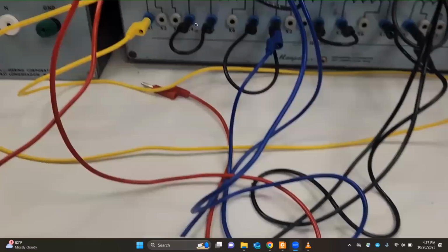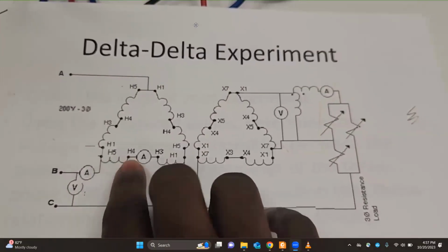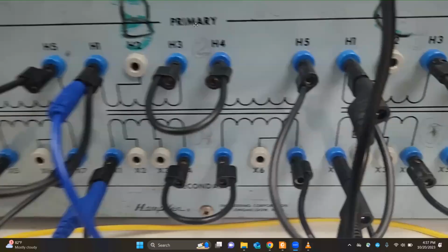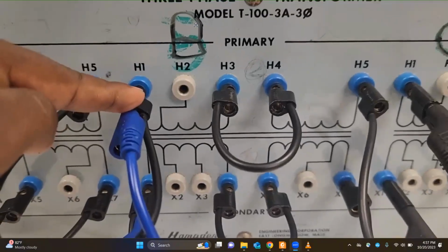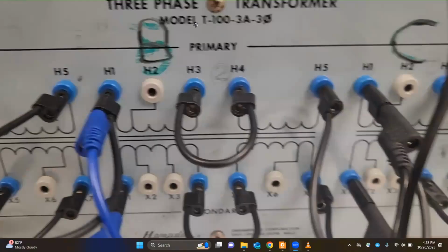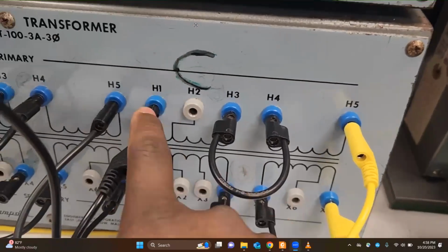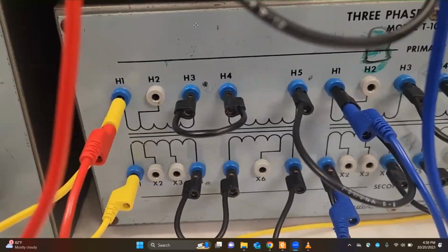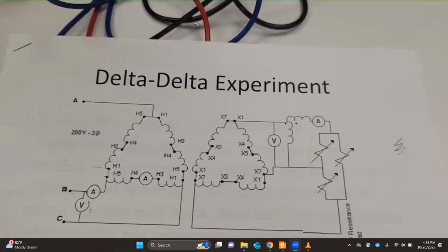We'll have to connect H1 to H5 of the second one. This is what I just did. So H5 of A and H1 of B need to be connected, and H5 of B needs to be connected to H1 of C. The same goes for H5 of C, which needs to be connected to H1 of A. If we do this, we'll get these sorts of connections.